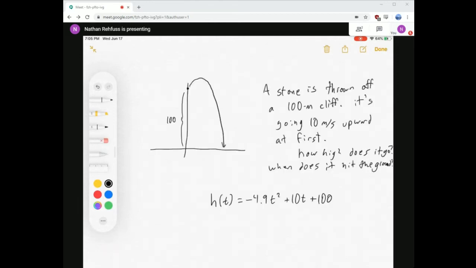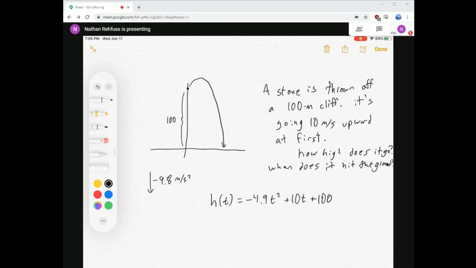So there's three terms. Did you know gravity affects everything on the planet at negative 9.8 meters per second squared? Meters per second squared are the units for acceleration. It's how many meters per second you speed up downward every second. So let's round to 10. Let's say it was 10 meters per second squared.